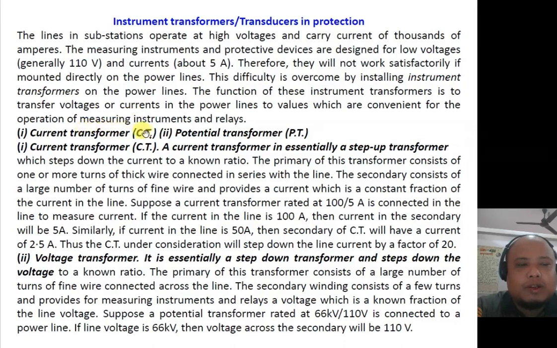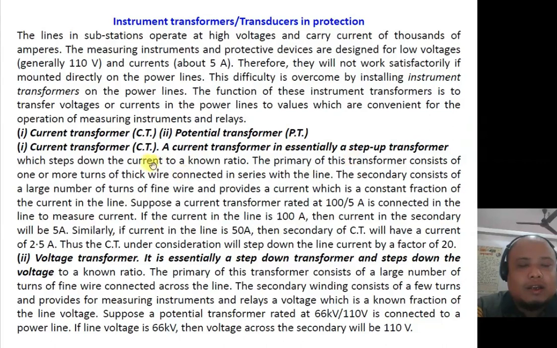Because it brings down the current level, that means it will step up the voltage. It is a transformer, right? So V1 by V2 is equal to I2 by I1, inversely proportional. So CT is a step up transformer, but PT brings down the voltage level, so it is a step down transformer.